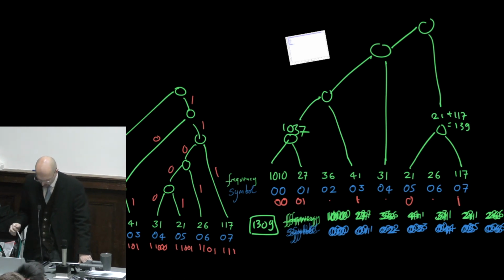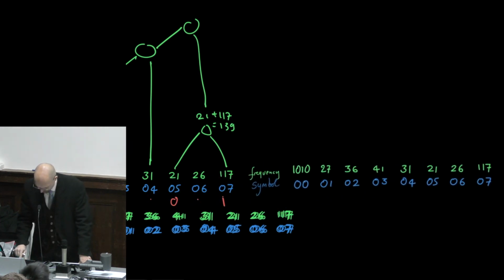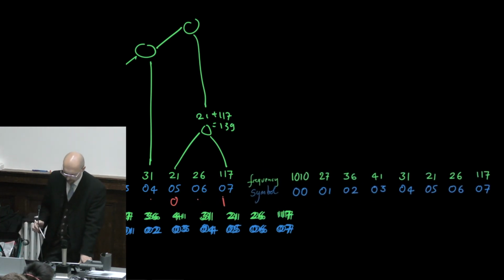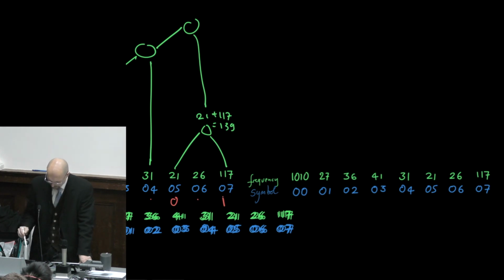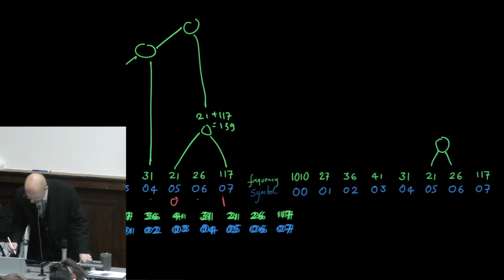So what would we do in here? If I start with a blank one, if we wanted to build ourselves a Huffman code, we would take the 2 lowest frequency symbols, which happen to be 21 and 26. We would make them into a node like this, and we would label this with the sum of their frequencies, 47.